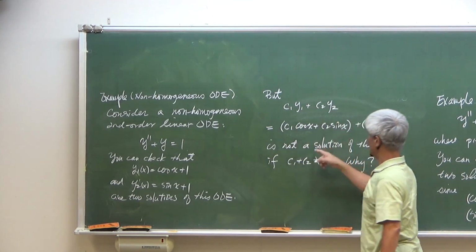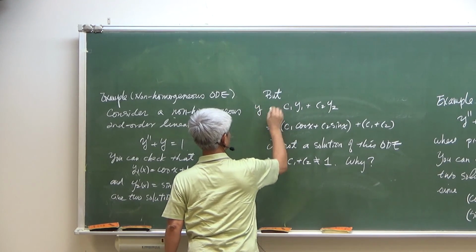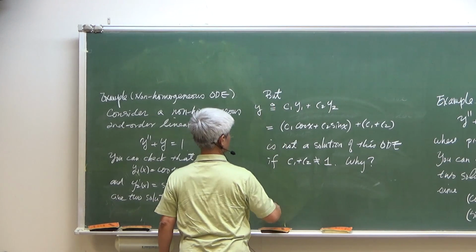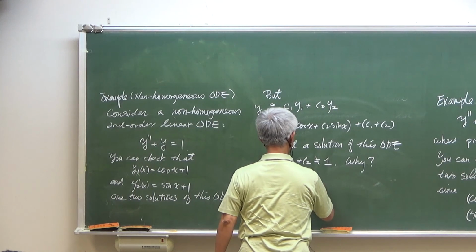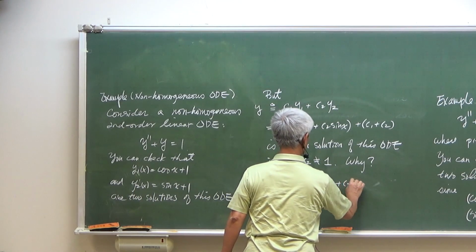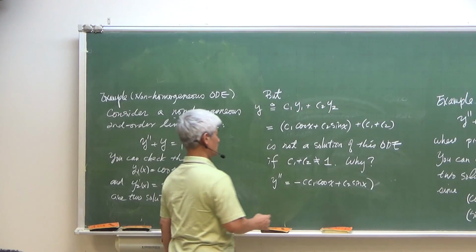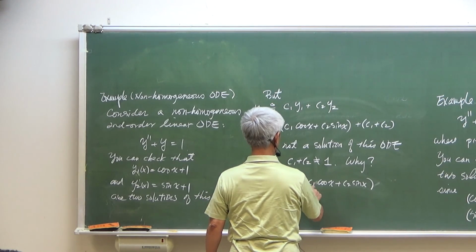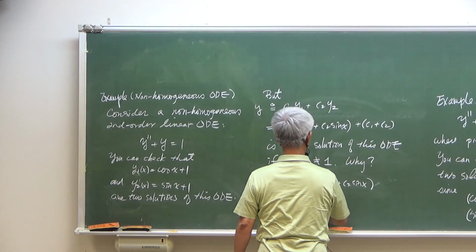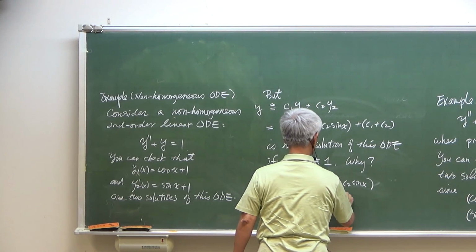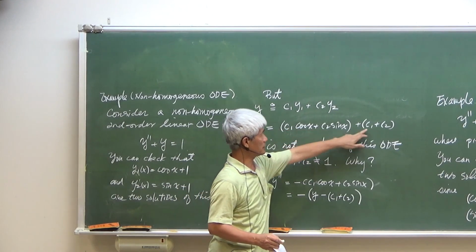Well, y double prime is equal to minus C1 sin x minus sin x, and this one is minus 1, because y is a superposition with C1 plus C2.